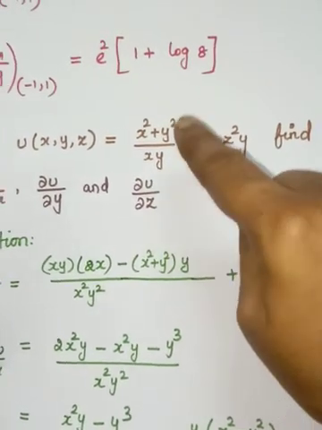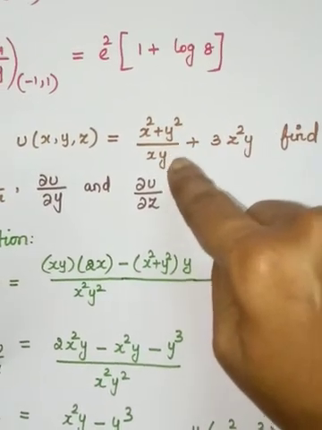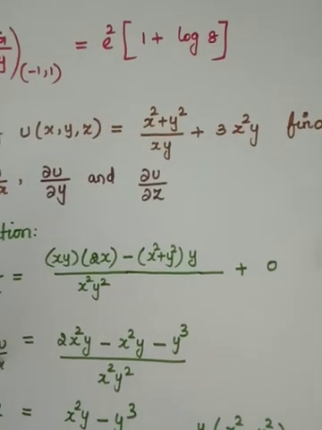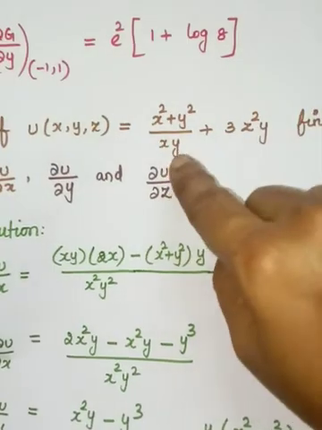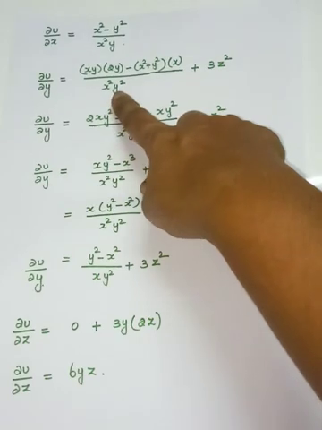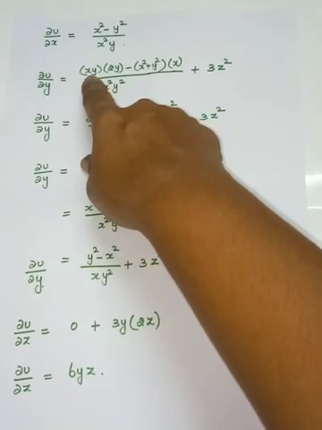So you have to use the quotient rule to differentiate u partially with respect to y. According to the quotient rule, what will be the first step? In the denominator, what will you write? V squared. What is your v? xy. So here you have to write x squared y squared, and then the v has to be written in the numerator as a first term, so xy.